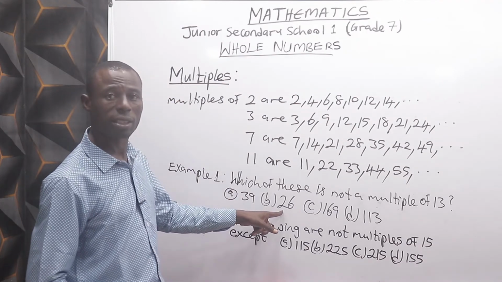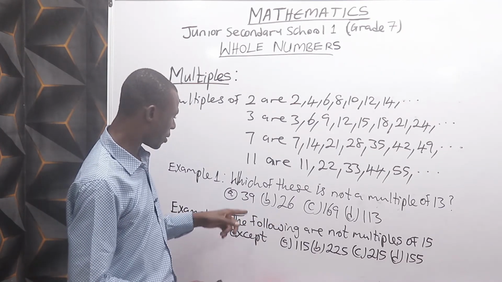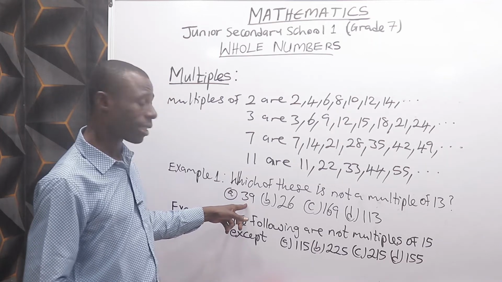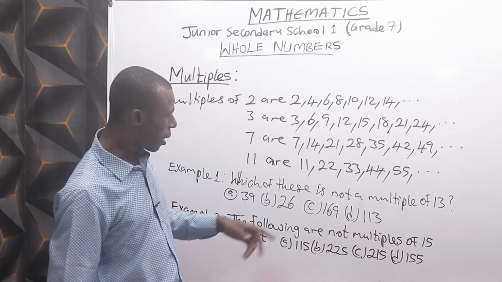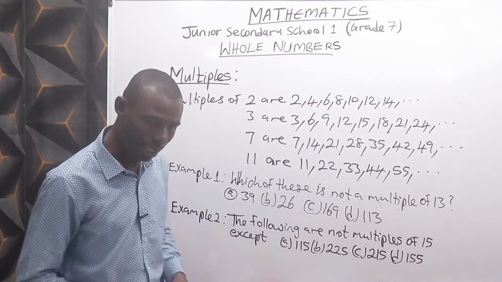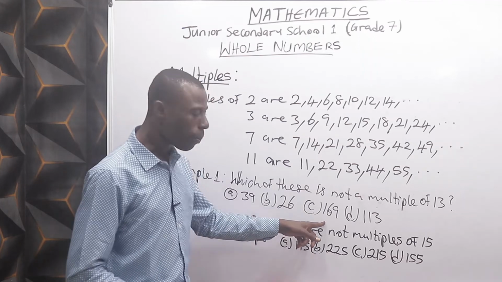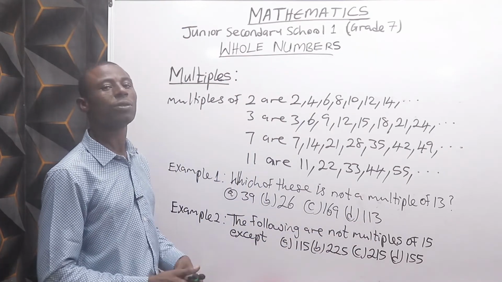13 times 2, is it there? Yes. 26. 13 times 3, is it there? Yes. 39. 13 times 4, something like that is not there. If you look at it, 169 is 13 times 13. But 113 is not a multiple of 13.